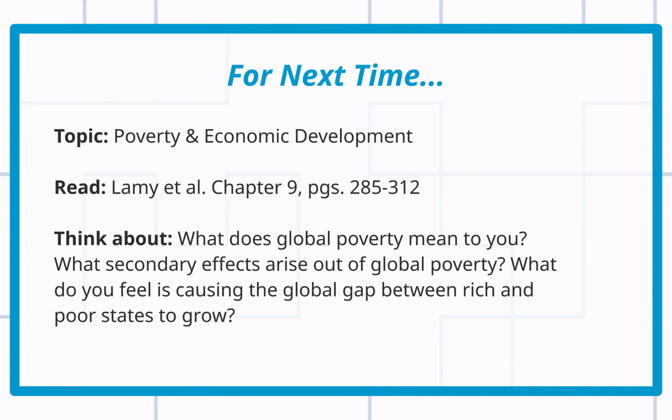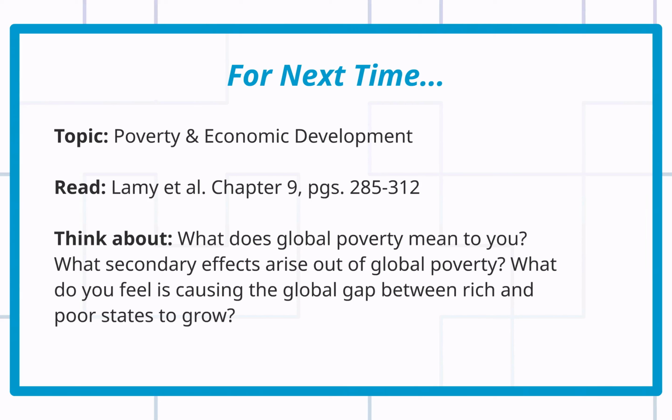And I'm also going to ask you to think about the global gap between rich and poor states. The remarkable thing about this post-war economic boom, right, is that there is more volume of economic interaction and there is more wealth and prosperity in the world. But the gap between the very, very wealthy and the very poor is growing. It's not getting smaller.